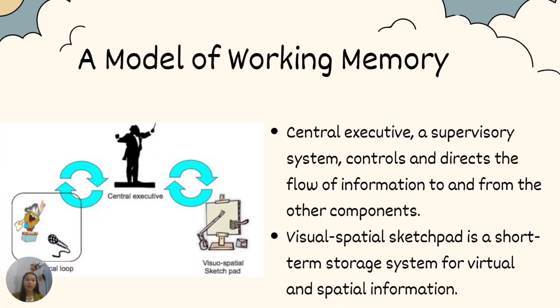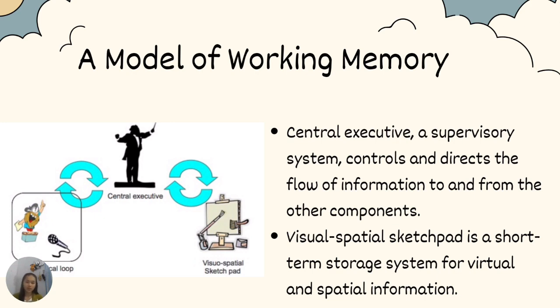As for the central executive, it is a supervisory system. It controls and directs the flow of information to or from the other components. It is sort of like a decision maker because it decides what to do with the information, and in doing that, it draws on some different tools.